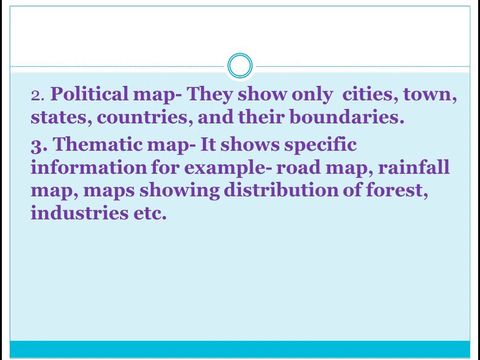Third, thematic map. It shows specific information about something. For example, road maps, rainfall maps, maps showing distribution of forests or distribution of industries, or distribution of rain in the country or in a state. So these are the three types of map.